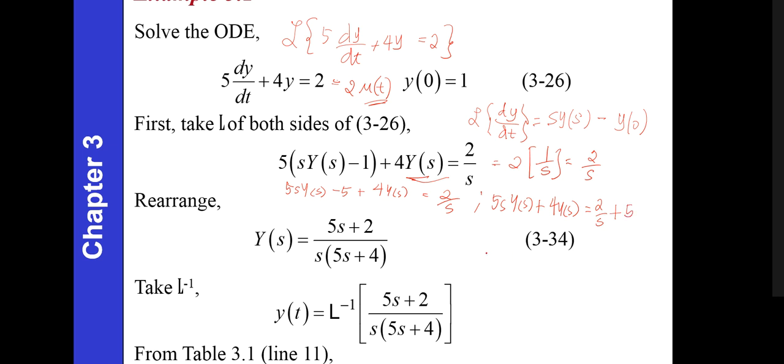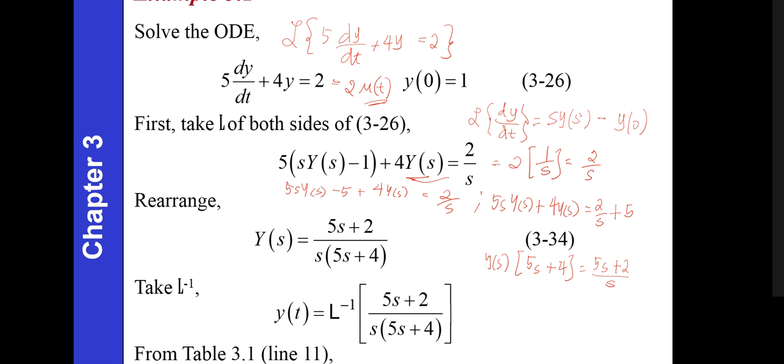So factoring out Y(s), we have Y(s) times 5s plus 4 is equal to 5 plus 2 over s, which we can combine.